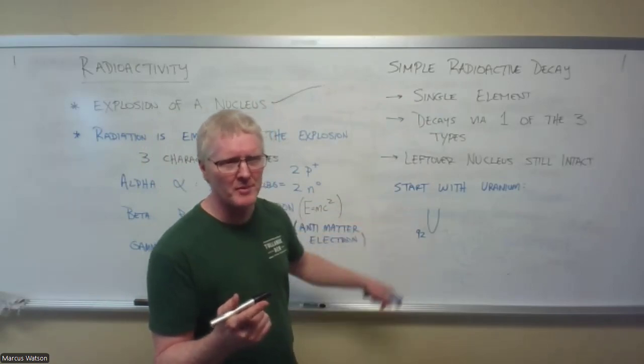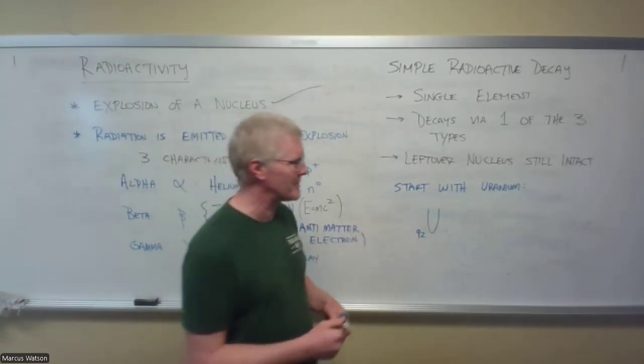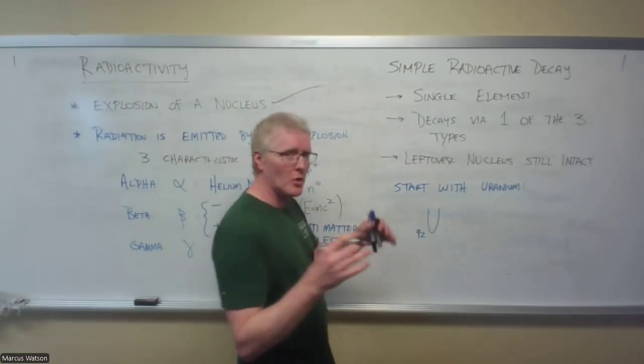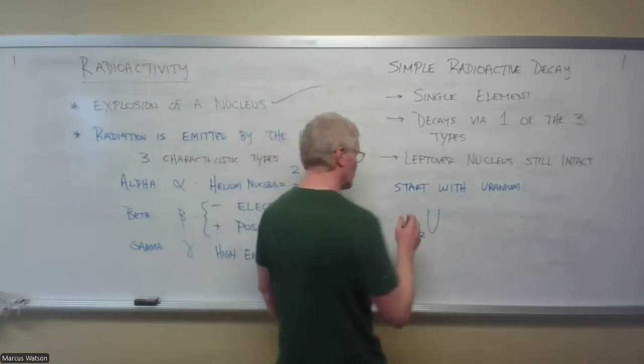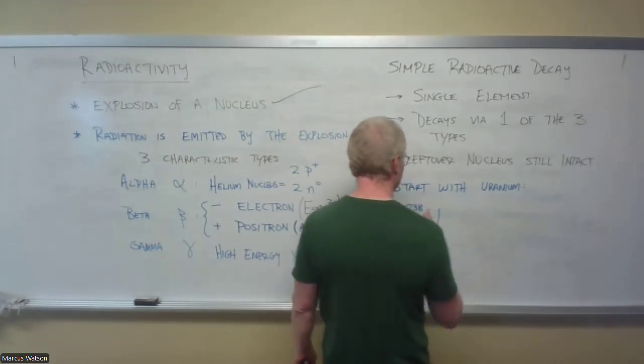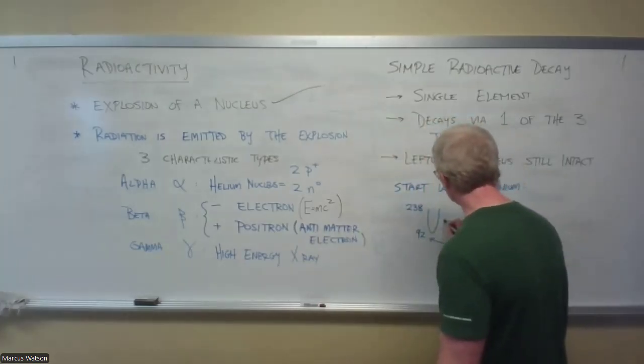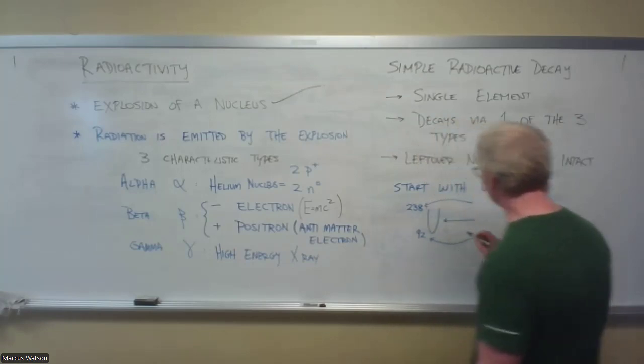So this is probably something like the mass number. I don't know, whatever the chemists call it. It's the total number of all protons and neutrons in the nucleus. And so let's say that this is 238. And so I will call these out individually.